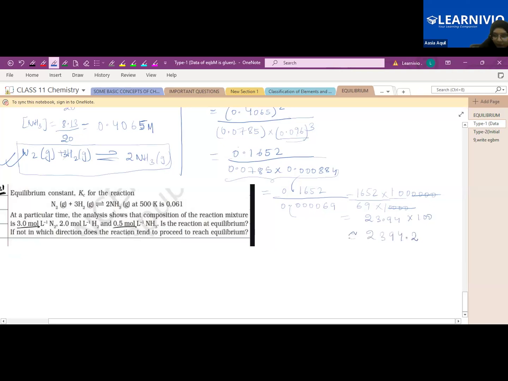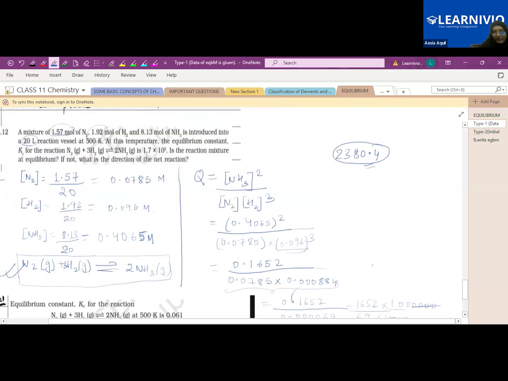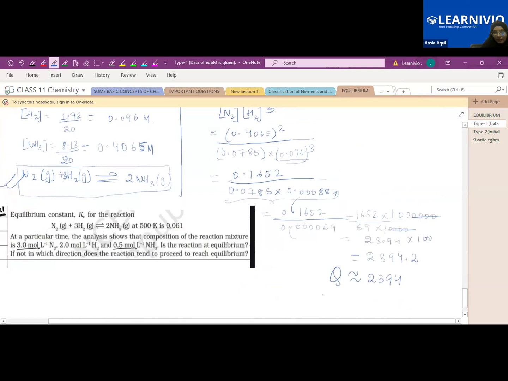This is just an approximate value. So Q is approximately equal to 2394. Nidhi, your answer was very much close, 2380. So this is the value of Q.